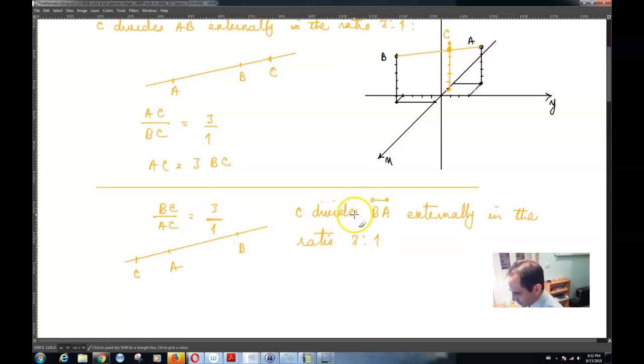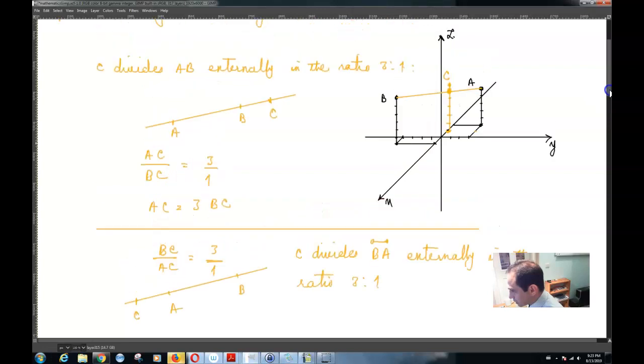That means that BC to AC is equal to 3 to 1. So hopefully you have understood these two situations, and based on these two situations, you can understand everything else. But it's important to understand these two situations exactly.